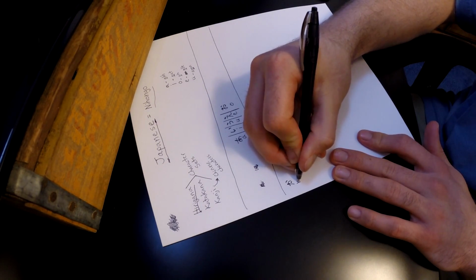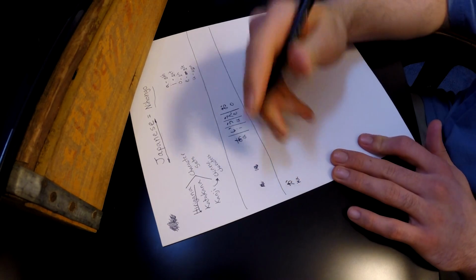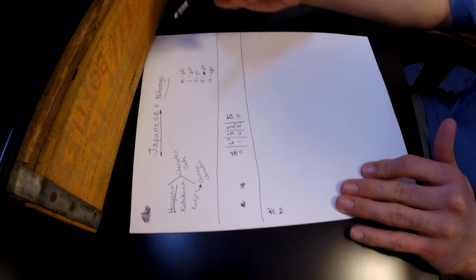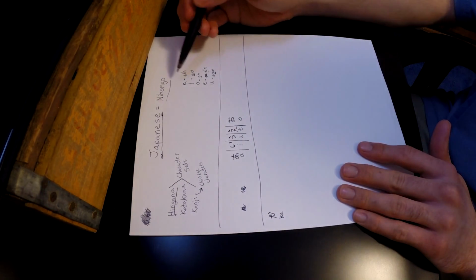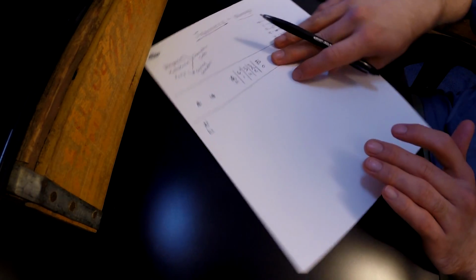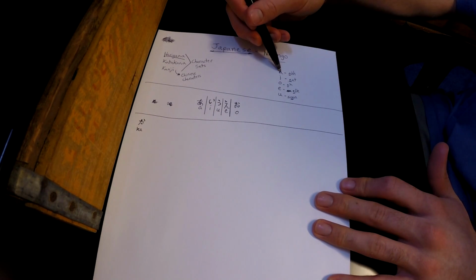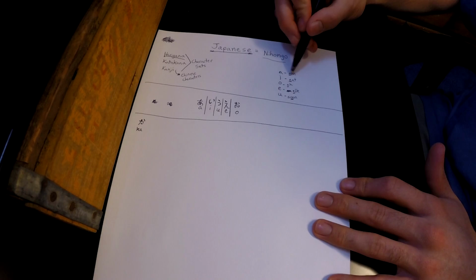This is ka. I know to say ah because in the pronunciation up here, the A is pronounced like ah.